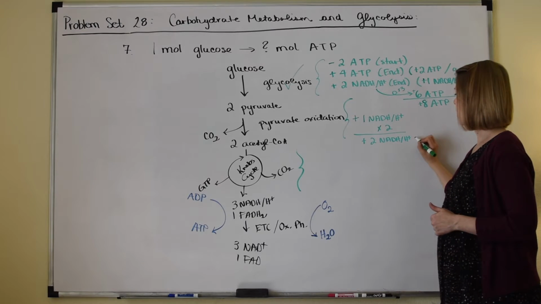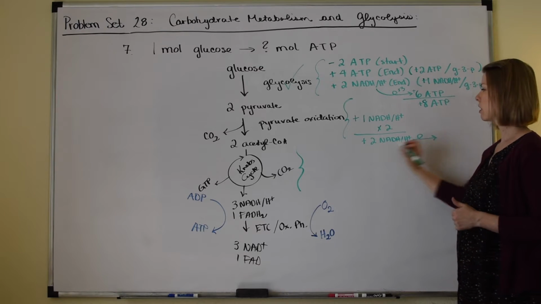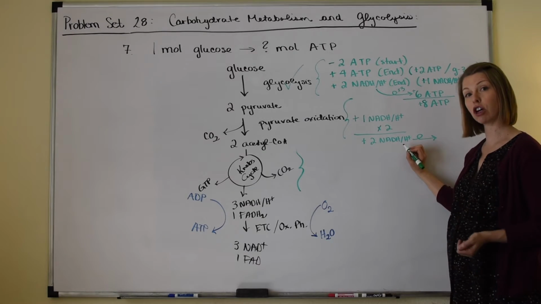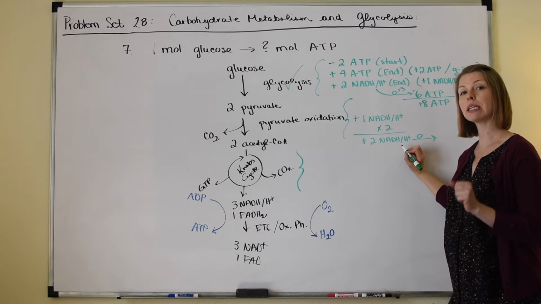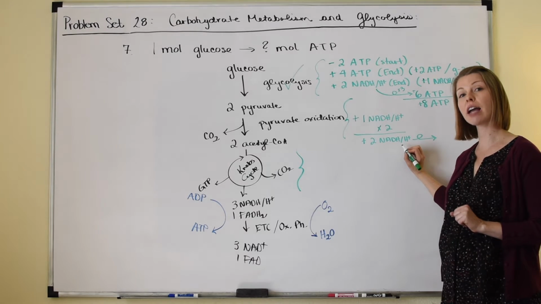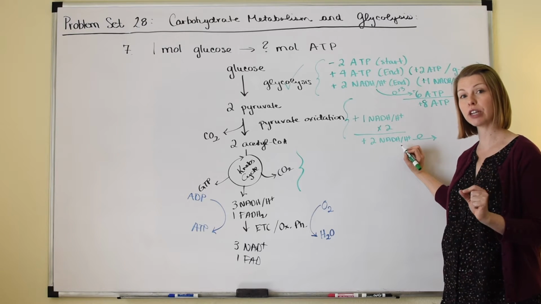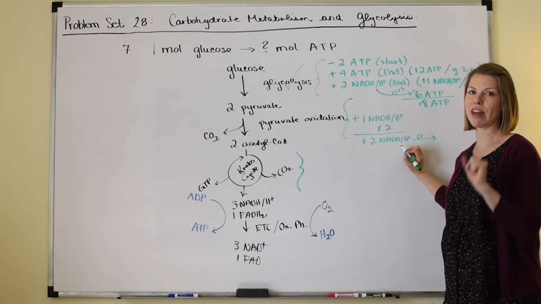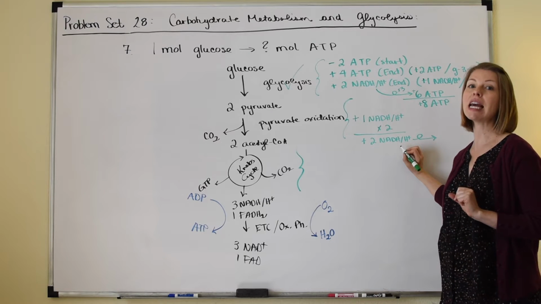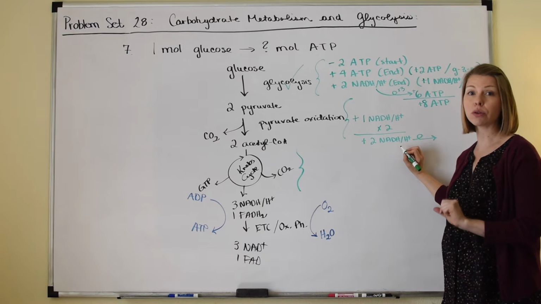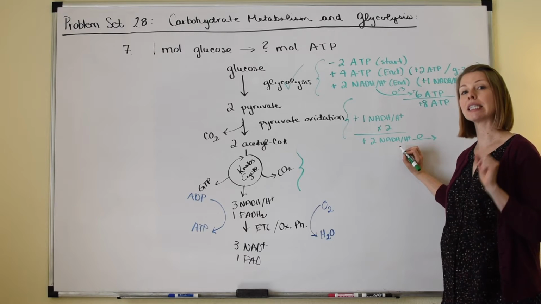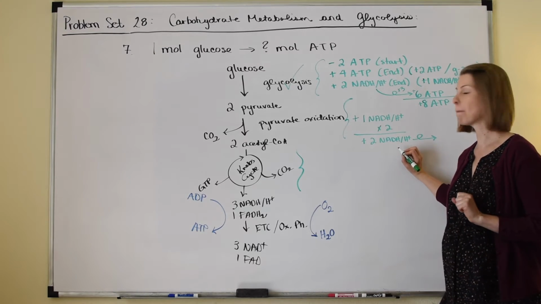H plus. Later on, those will be reoxidized in the electron transport chain, ultimately passing their electrons and hydrogen ions to oxygen from the air that we breathe, making H2O, and that highly exergonic process is going to be utilized to power the synthesis of ATP from ADP.